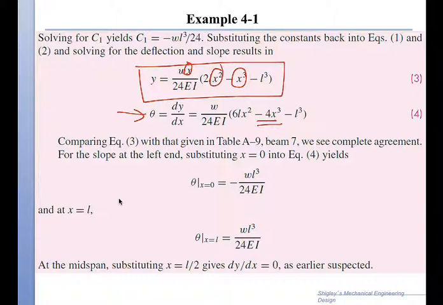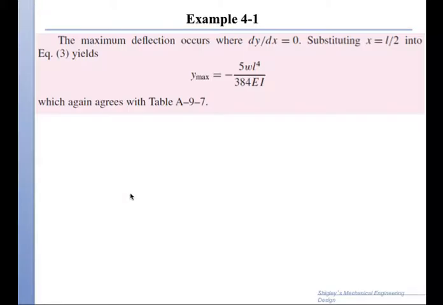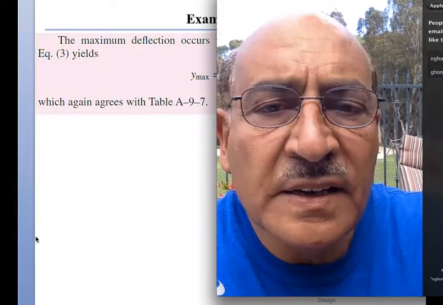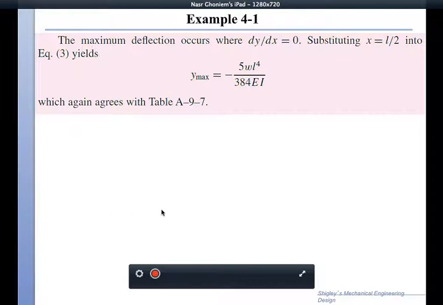And we can test things now to find the slope at x equals 0. Substitute x equals 0. We get the slope equals minus wL cubed over 24 EI. And at x equals L, we get positive wL cubed over 24 EI. So we have determined all of these values, and then finally we determine the value of the maximum deflection.